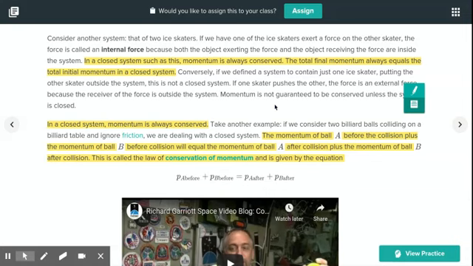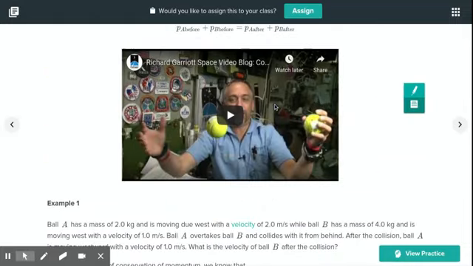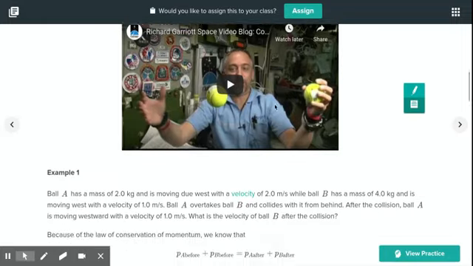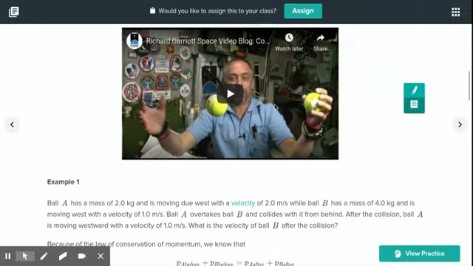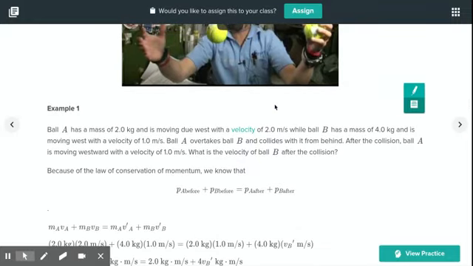So the initial momentum of ball A before the collision, plus the initial momentum of ball B, will be equal to the momentum of A and B after they collide. This is what we call the law of conservation of momentum. You can take a look at this video. The rest is just calculation. So today we'll only talk about the conservation of momentum. Basically, what you have before collision is equal to what you have after collision.